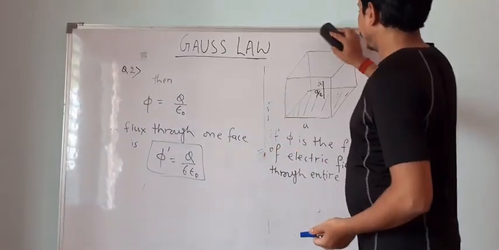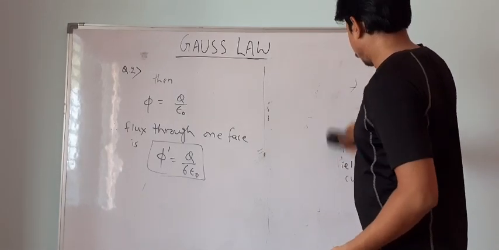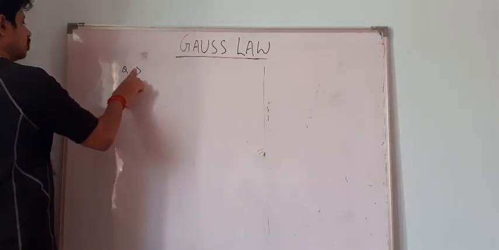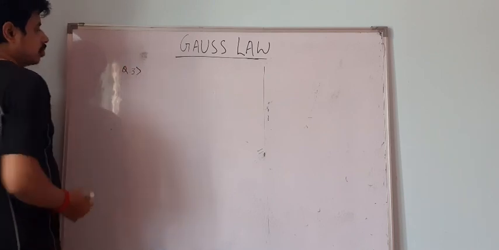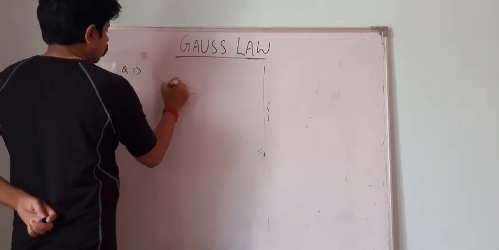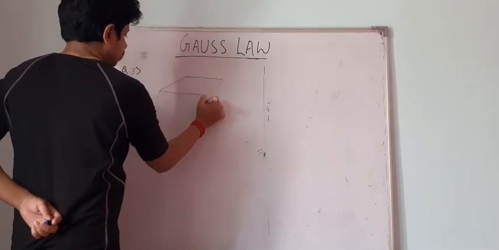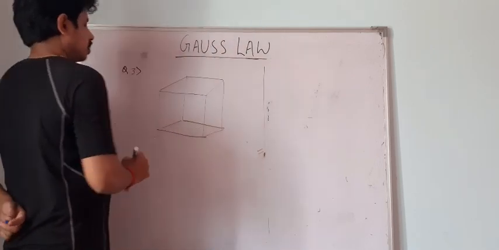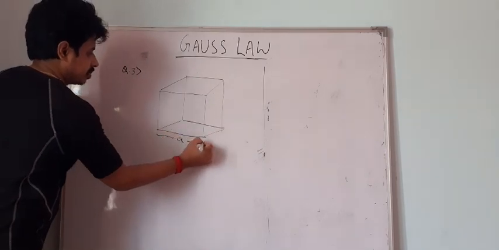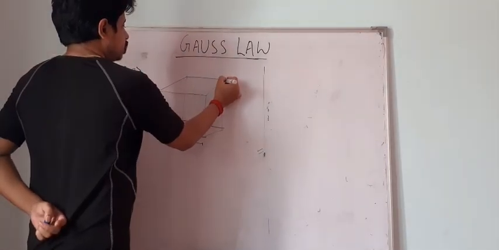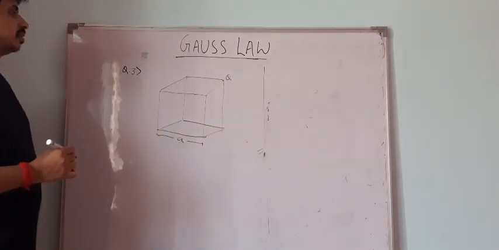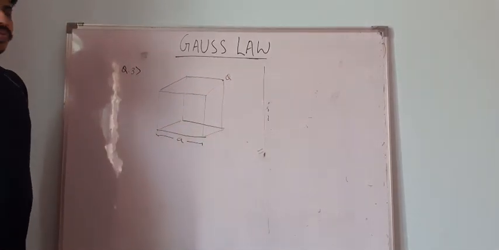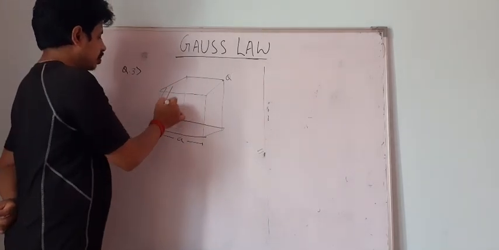Now a similar question, next question number 3. This time suppose a cube of side length A is given, and charge Q is placed at one of its corners, and we have to find the flux of electric field through one face.